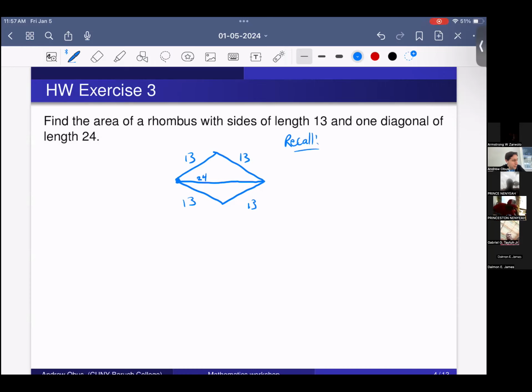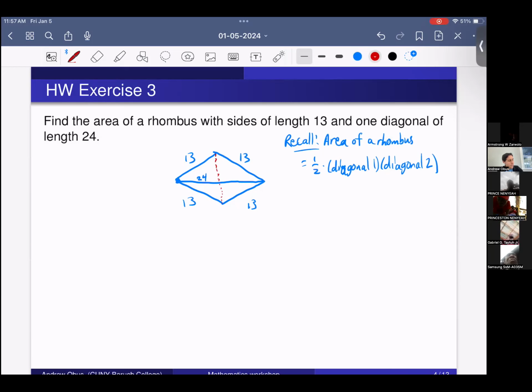Recall that we have this formula for the area of a rhombus. We did this last time, that this is equal to 1/2 times the product of diagonal 1 times diagonal 2. So we have diagonal 1, right? So all we have to do here is find diagonal 2.